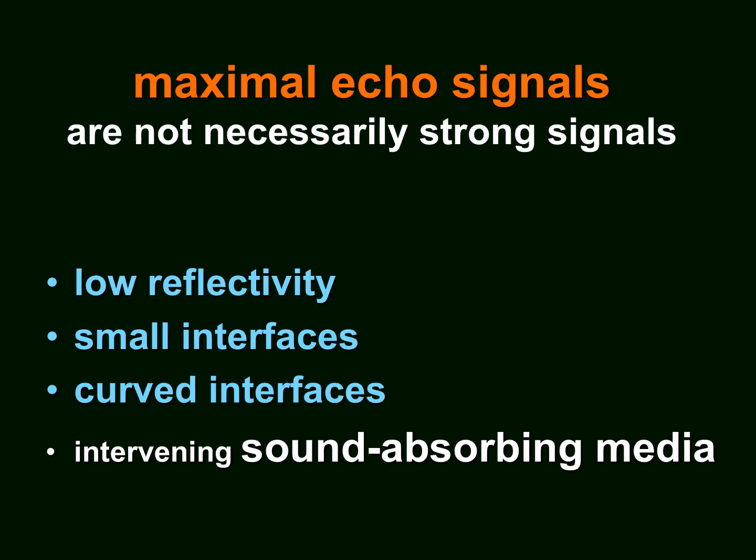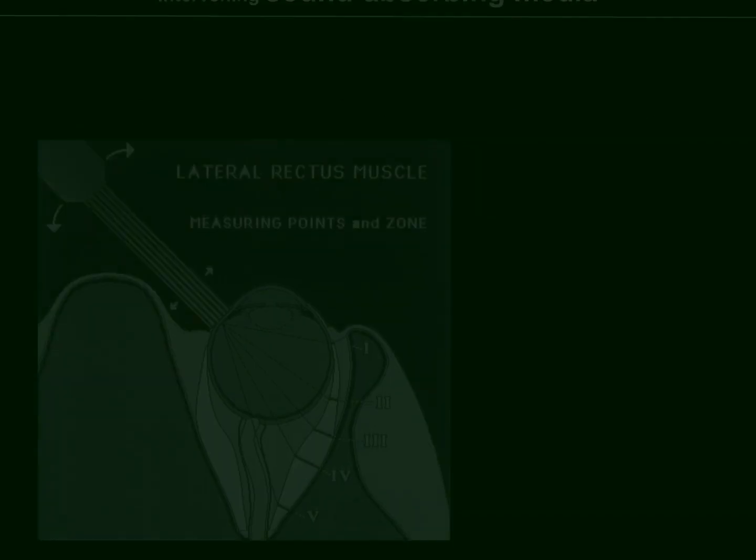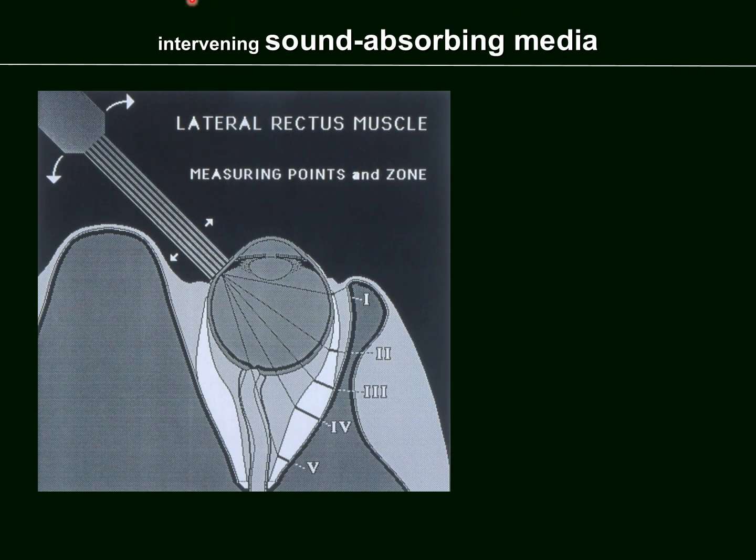And finally, intervening sound absorbing media. We have seen already an example in the posterior lens surface, but the same thing happens with the extraocular muscles. When we go more posteriorly, we get a lot of sound absorption in the orbital tissue until we hit the surface of the muscle perpendicularly.